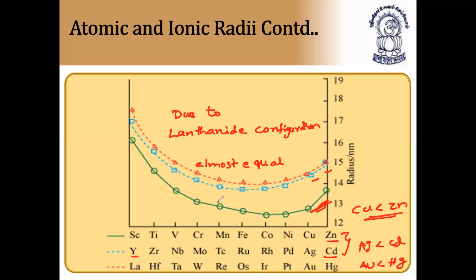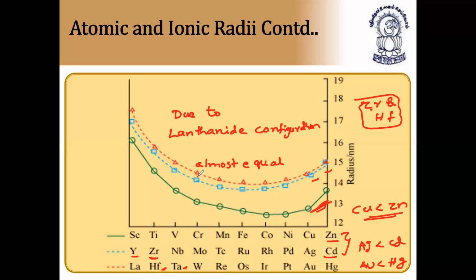That is zirconium and hafnium. If you see, they are similar. This they will also ask, due to lanthanide contraction. The atomic radius of which elements are almost equal? That is zirconium and hafnium. And you can see niobium and tantalum.